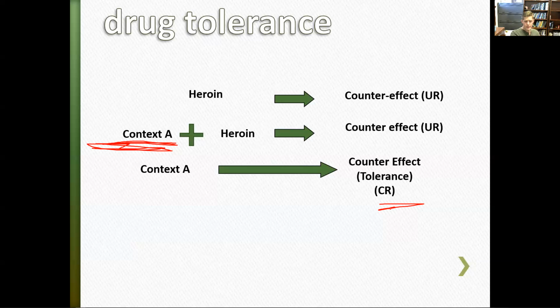Where this becomes particularly important is, say, for example, over time, because you have built up this drug tolerance, you increase your dosage of heroin to produce the same kind of high effect on yourself. So say at first you started taking 10 milligrams. I'm not terribly sure what a good dosage of heroin is, so don't trust me.